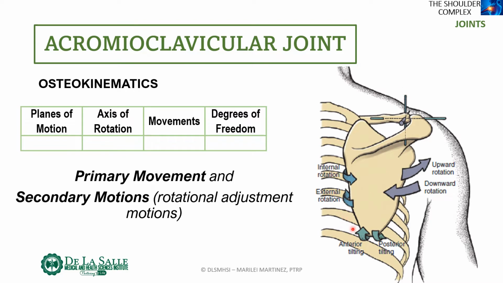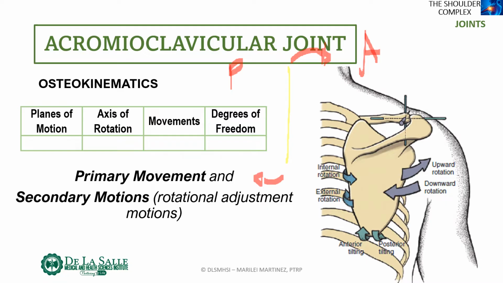Then lastly, we have the anterior tilting and the posterior tilting. When we say anterior tilting, the superior part of the scapula is tilting forward, so that will be a reference. Therefore, the inferior part of the scapula will now tilt backwards. Okay, let's try to draw. If this is your scapula, this is anterior, this is posterior. When we say anterior tilting of the scapula, the superior part will tilt anteriorly, and therefore the inferior part will tilt posteriorly.